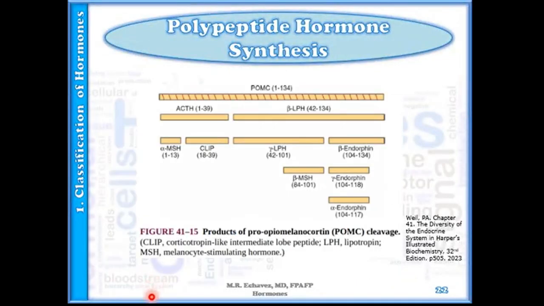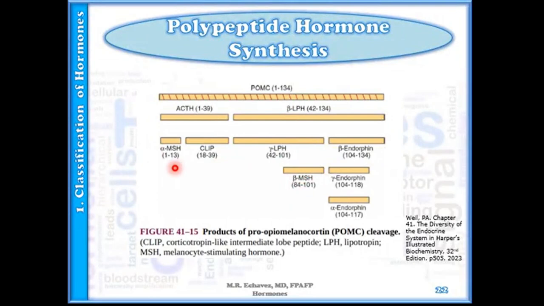Another example of hormones that come from a very large precursor would be hormones coming from your POMC family, or your pro-opiomelanocortin family. So I've mentioned this already in previous slides. Now, the POMC family consists of peptides that act as hormones such as your ACTH, LPH, and your MSH.